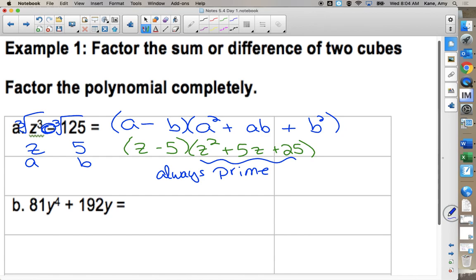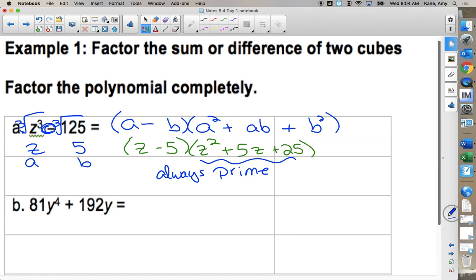But you're just looking at the A term, which is z cubed, and the B term is just 125. So the sign that separates the two has no effect on the actual number that you're looking at. Other questions?